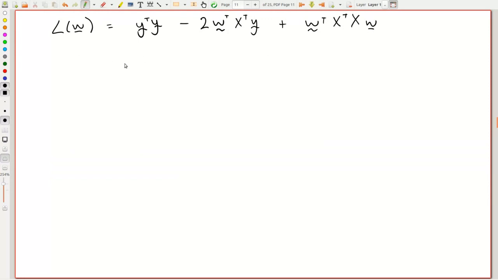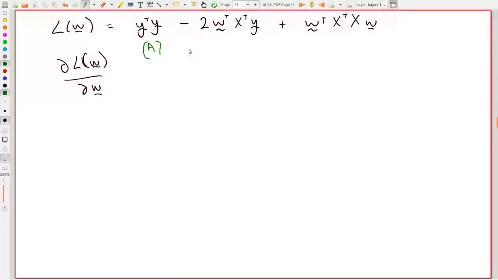Okay, so like I said, what do we want to do? What we said at the start is that we were going to take the derivative of this with respect to our weight vector. The derivative of our loss with respect to our weights. So let's break it down into the individual terms.